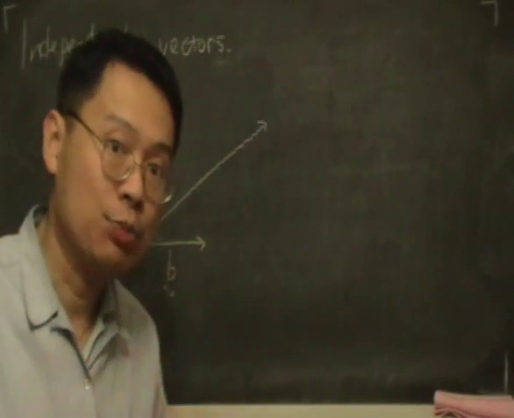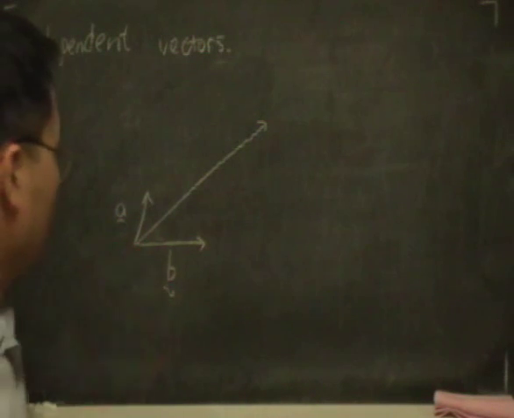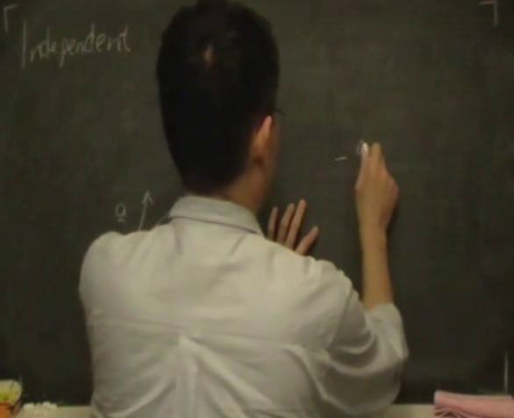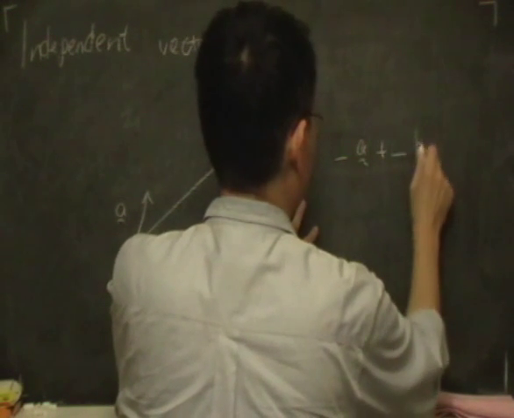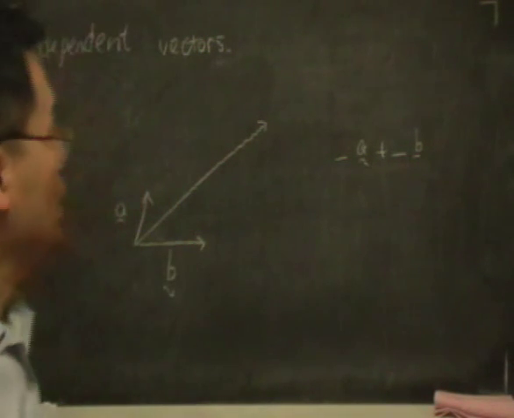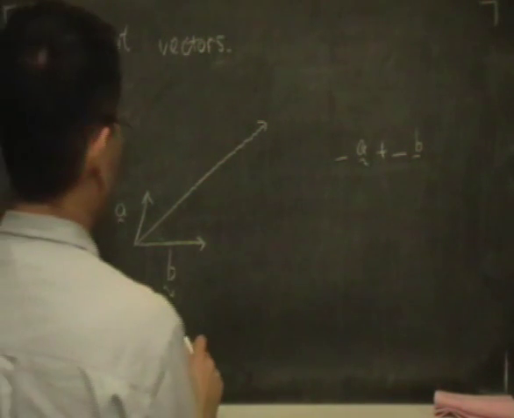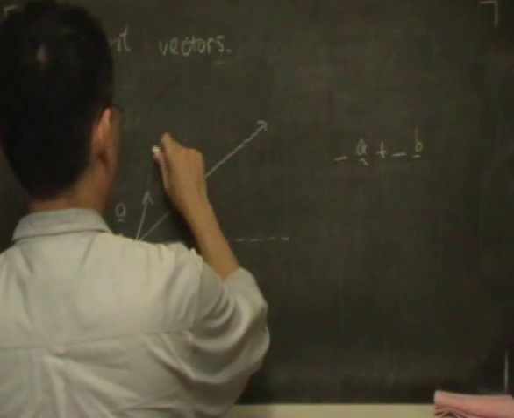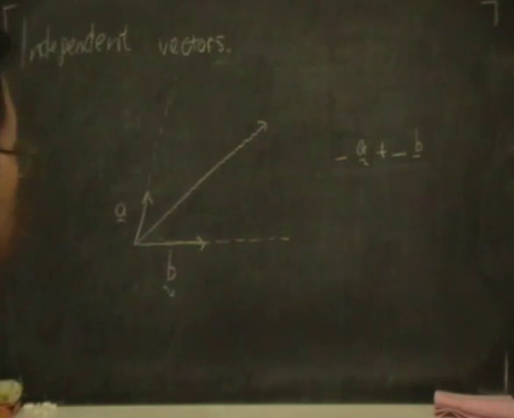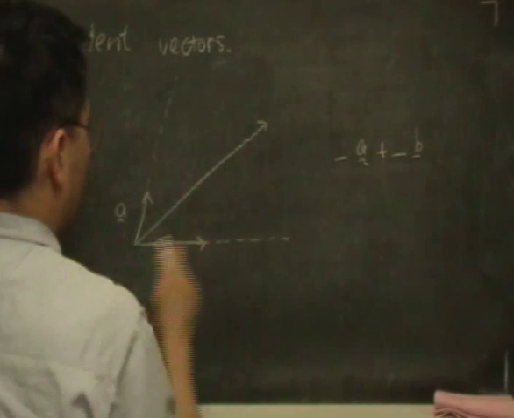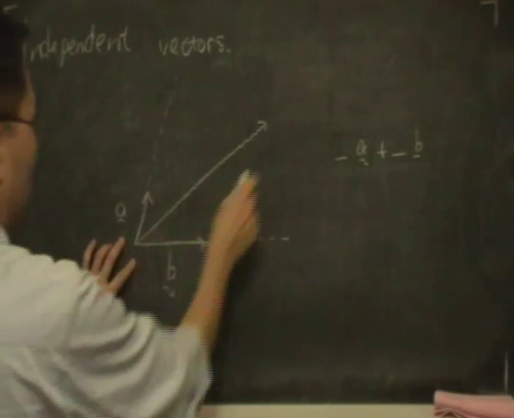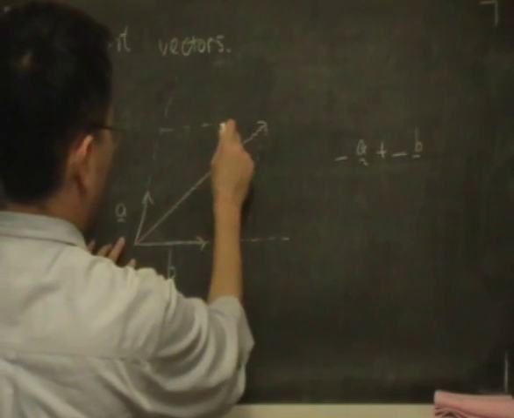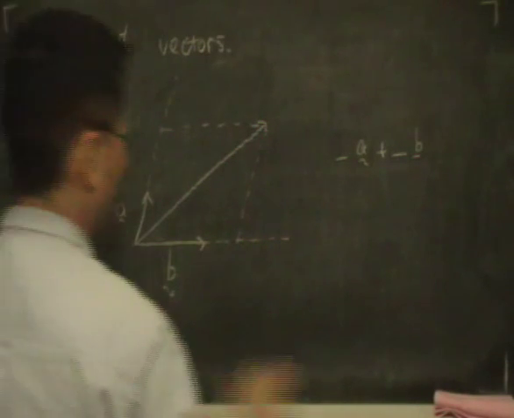I can actually express it in terms of A and B by finding a number to multiply by A plus a number to multiply by B. Now the reason is that all I need to do is to extend B and extend A. Okay, and from the tip of that arrow, draw a line that is parallel to A, and draw a line that is parallel to B to form a parallelogram.